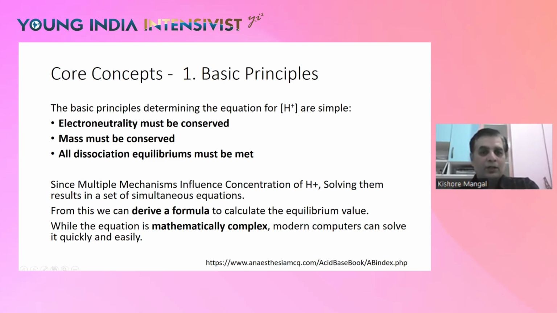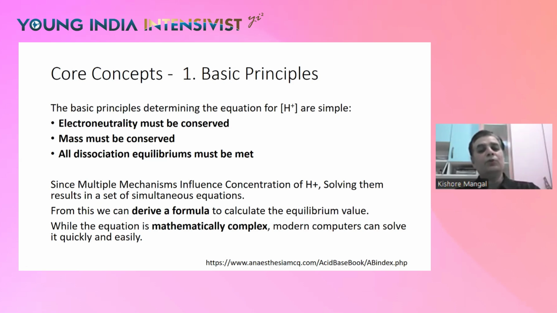So, understanding these three principles, and since multiple mechanisms will influence the concentration of the H plus ion, like CO2, the bicarbonate, the albumin, the phosphorus, the sodium, the strong ions. Because so many things can affect the concentration of H plus, solving them all results in a set of simultaneous equations.